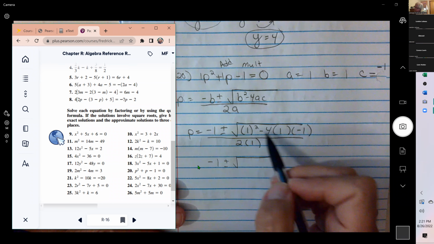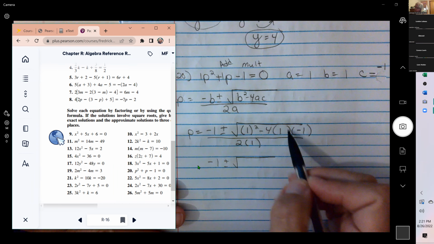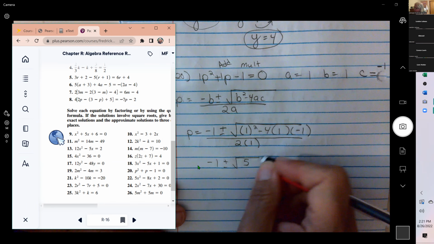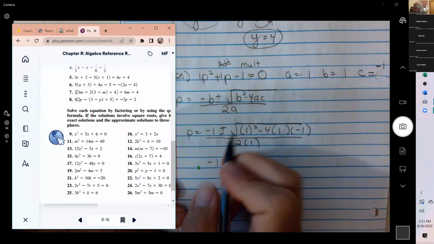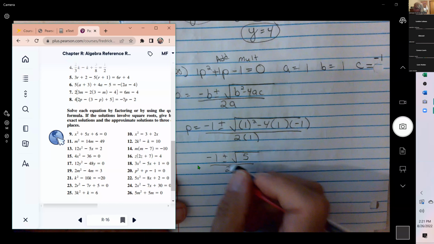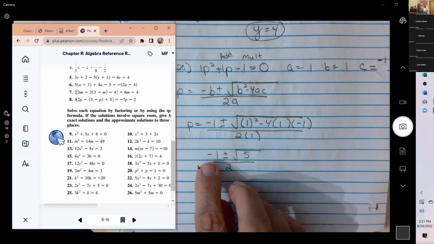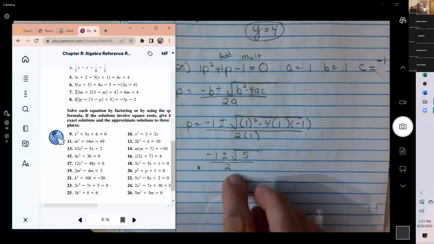So negative, negative, this is 4 plus 1 is 5, all over 2. So it's -1 plus or minus the square root of 5 over 2.